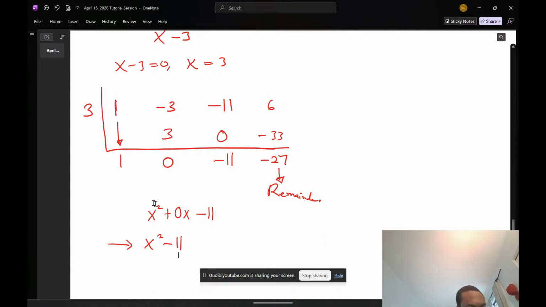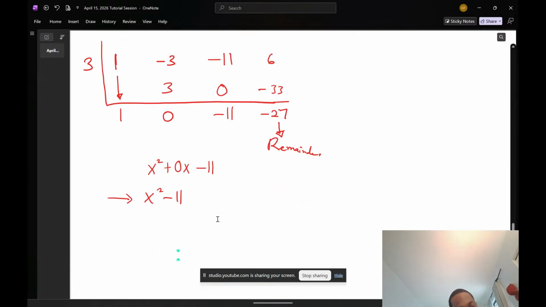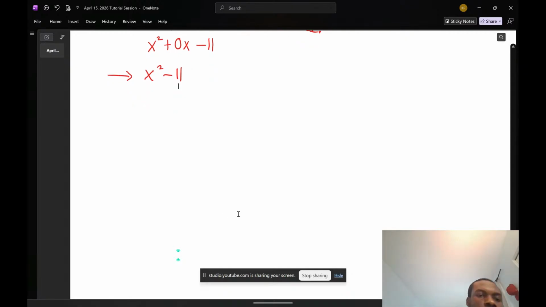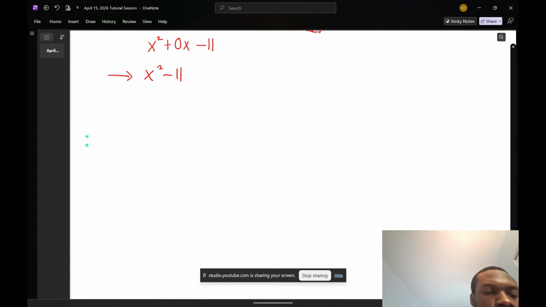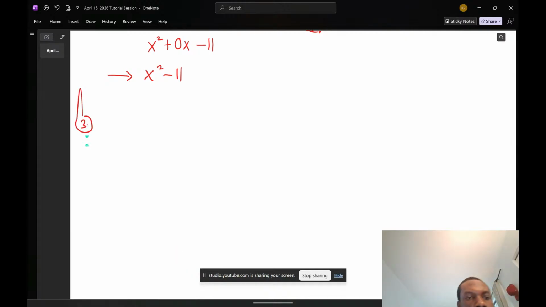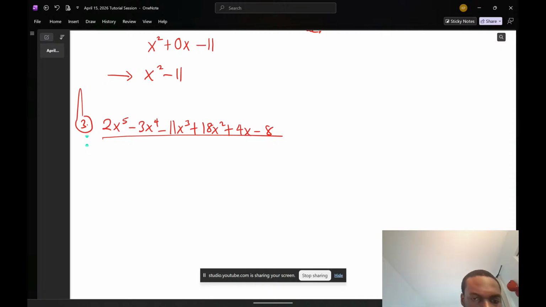So I want us to try something that is a little bit complicated. Let's try something like this. So let's say we have 2x raised to power 5 minus 3x raised to power 4 minus 11x raised to power 3 plus 18x squared plus 4x minus 8 divided by x minus 2.